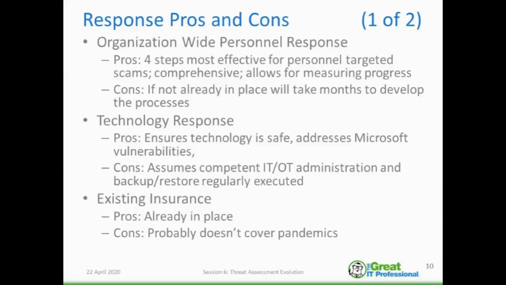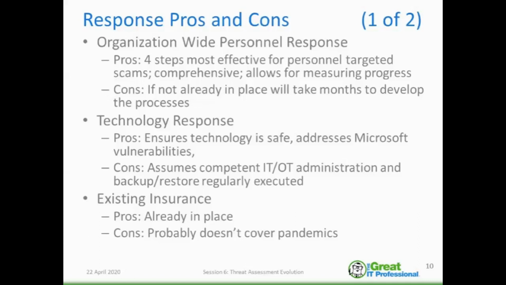Existing insurance. You want to make sure you already have something in place, and this is real insurance. This is insurance from your insurance company. Almost everyone already has that in place to some extent, and the issue is you have to make sure, because it probably doesn't cover pandemics. Pandemics, in our case, what we've seen is they're really an act of God.